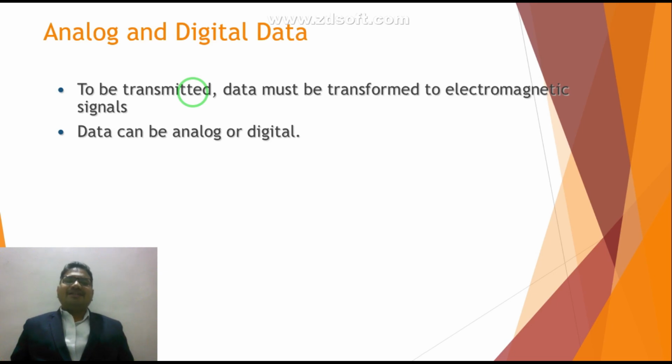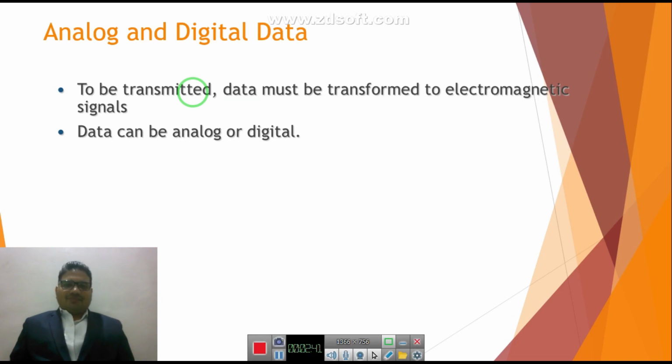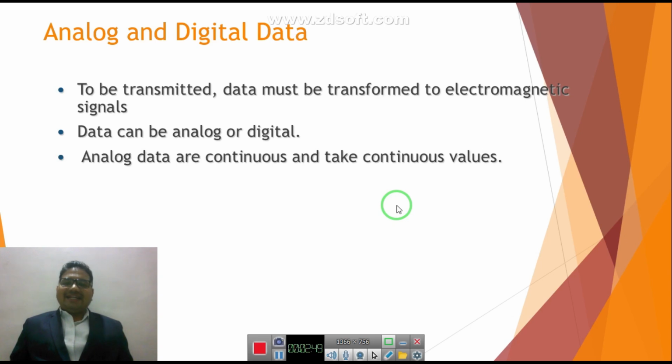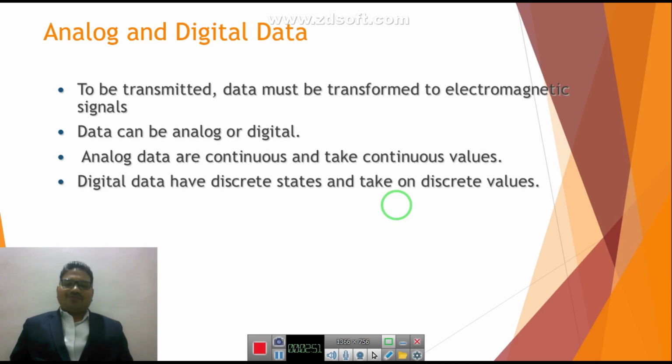And digital data is the data which is stored in your computer in the form of zeros and ones. Similarly, there are analog signals or digital signals also. Since it is analog, it means it is continuous and takes continuous values.